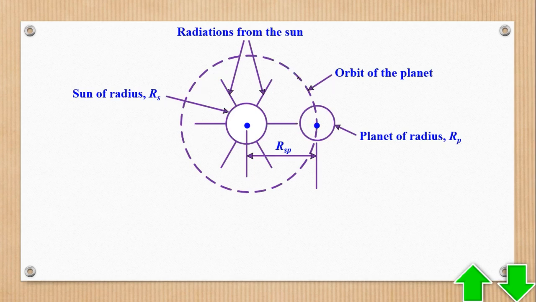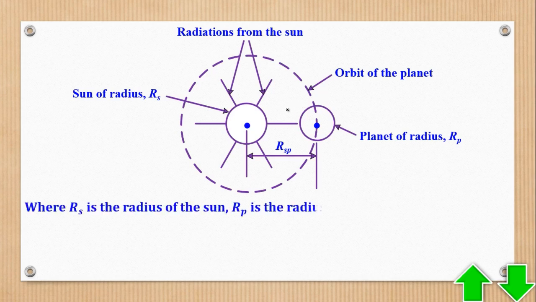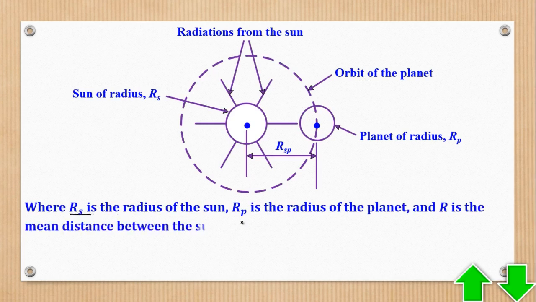For you to get this orbit, you base on the distance from the sun to the planet. So Rs is the radius of the sun, Rp the radius of the planet, and Rsp is the mean distance between the sun and the planet.